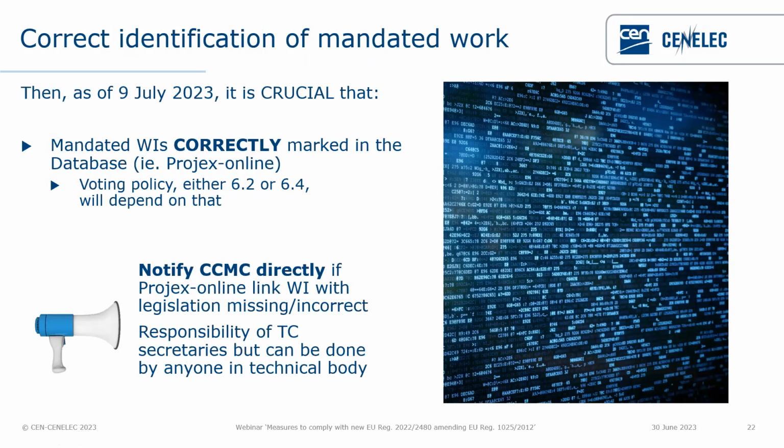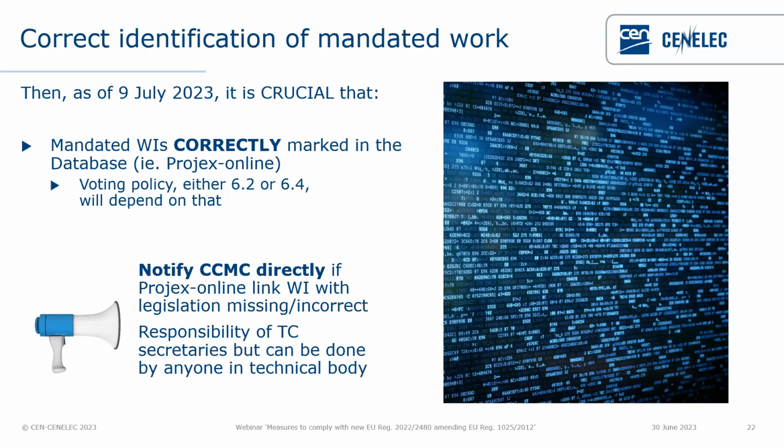Because then the voting policy, how to vote on a work item, for instance when we go to the vote associated to the inquiry of a prEN, the approval criteria will be linked either to 6.2 non-mandated work or 6.4 mandated work, depending on how the work item is marked in the database.